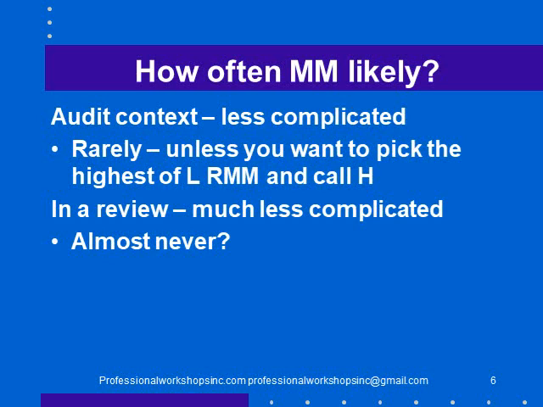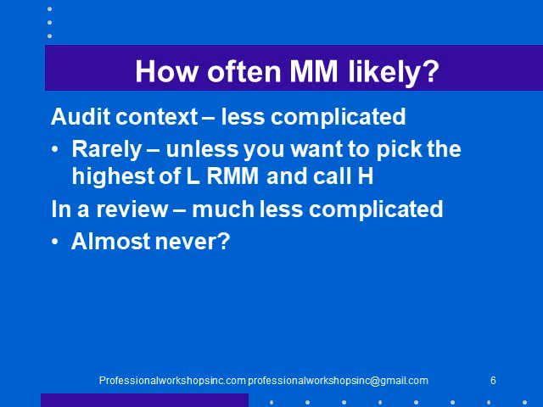So I will pick the highest areas of low risk of material misstatement and call them high, and then do a whole bunch of audit work. That seems rather wasteful and inefficient, so don't do that. If it turns out in an audit that risk of material misstatement is low, you've done what you needed to do, you've done risk assessment procedures, it's low.